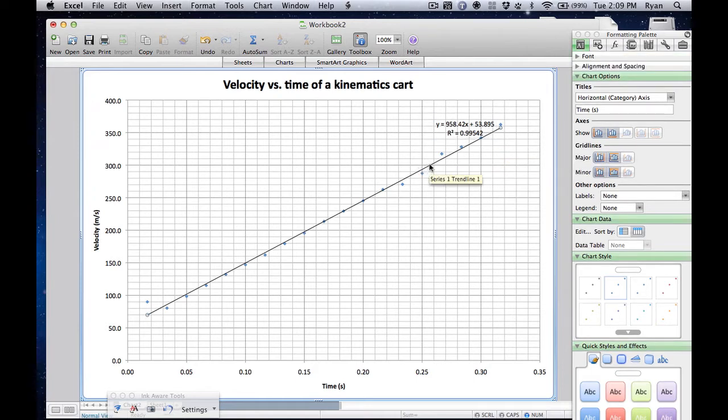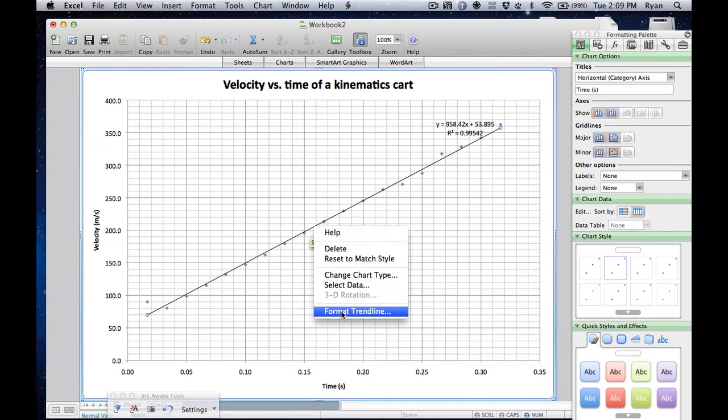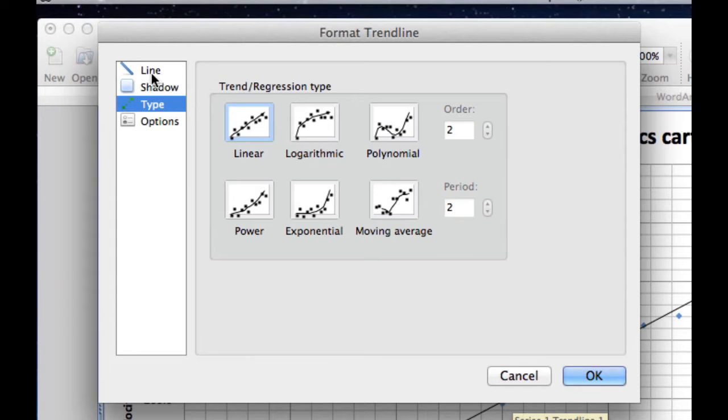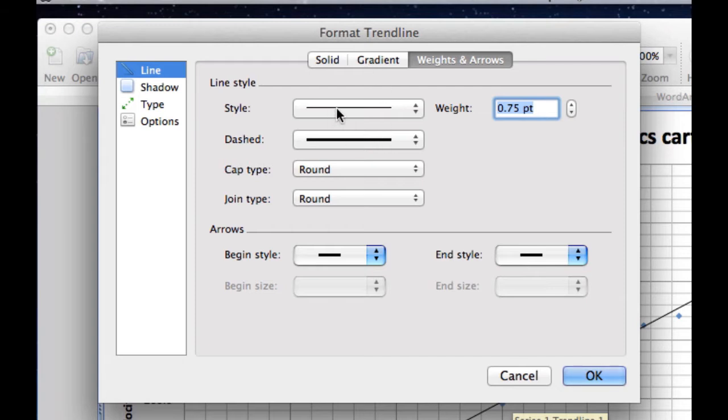I'm actually going to go back in here to show you some of the ways in which you can format your trend line. You have to click on the trend line, not on the dots, not on the data points, but on the trend line itself. Then right-click, Format Trend Line. So we can change a couple of things. One thing you might want to change is the size or the style of it.